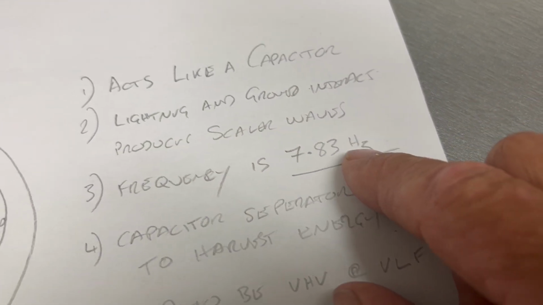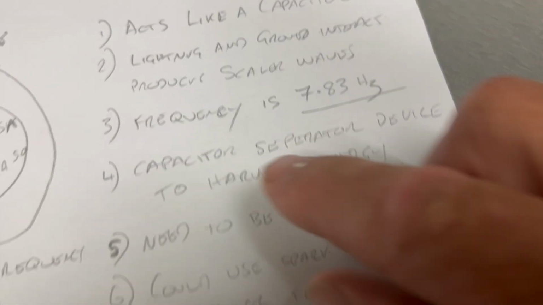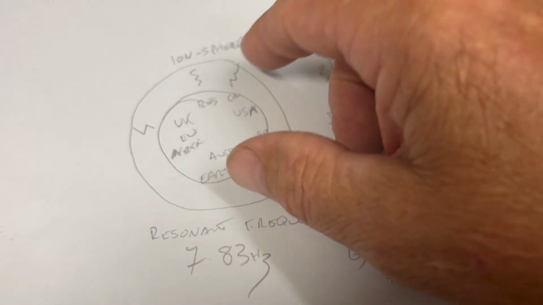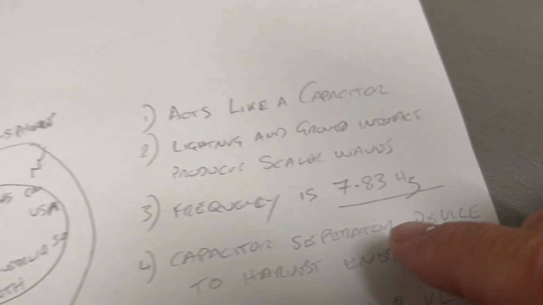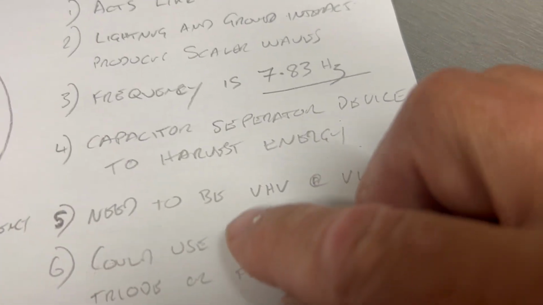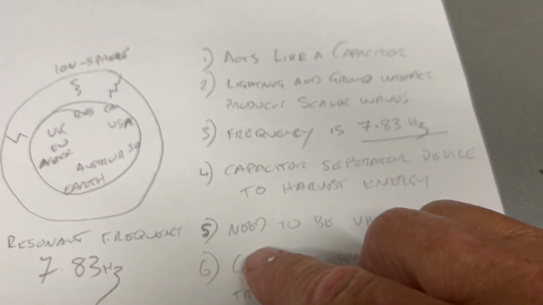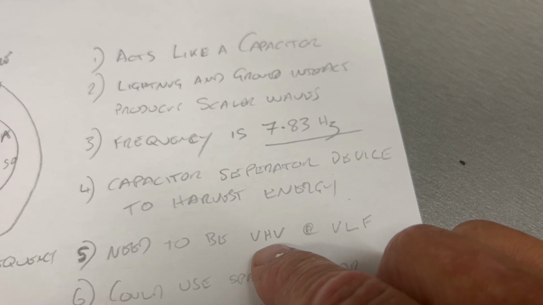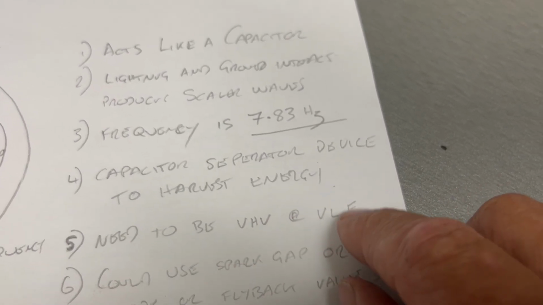So 7.83 Hertz. And so we, if you like, by making these devices, are acting as a separator between the ionosphere and the earth, and we're harvesting some small amounts of energy. And so if we were to make something to harvest a lot more, it needs to be very high voltage and very low frequency.